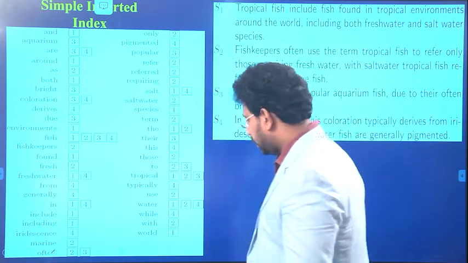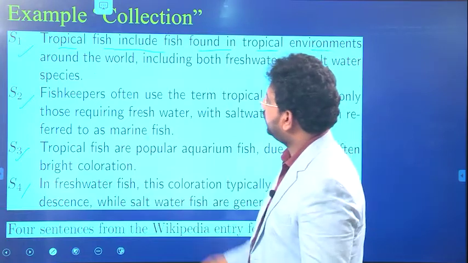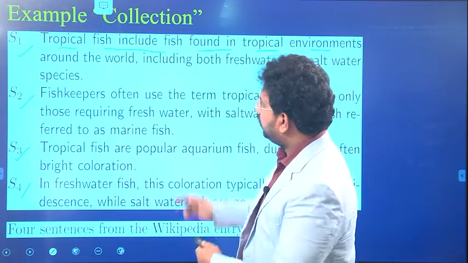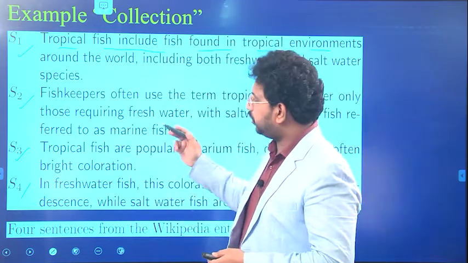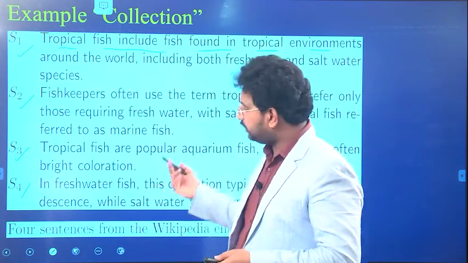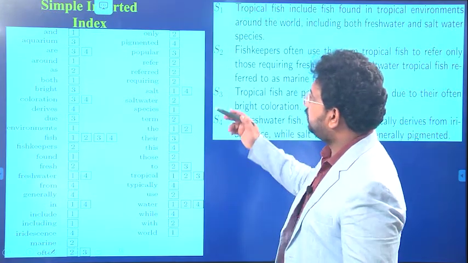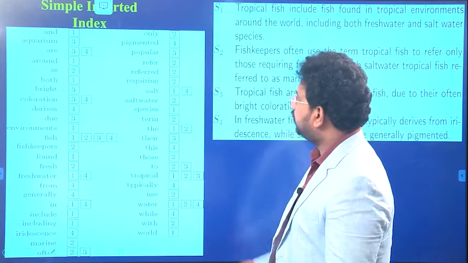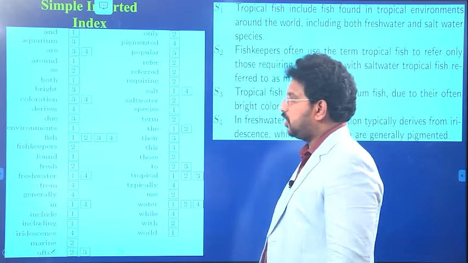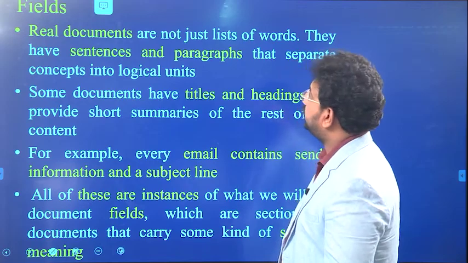I have represented the same ones I showed you previously: sentence 1, sentence 2, sentence 3 and sentence 4, or document 1, document 2, document 3 and document 4, different documents and different sentences. Here is a simple inverted index, with the counts, as I already showed you, and the different topics we are going to discuss here.